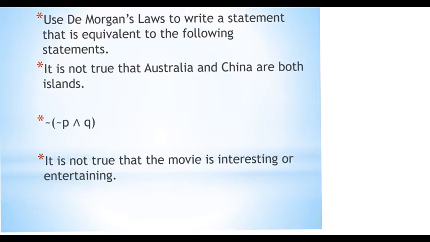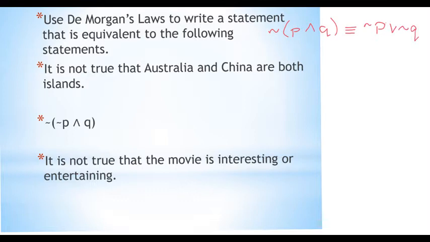So here we're looking at De Morgan's laws to write a statement that is equivalent to the statement we're given. And if you recall from the PowerPoint, De Morgan's laws state that if we are negating the entire statement of P and Q, that statement is equivalent, and that's why they have the 3 lines, because it means equivalent, to the negation of P or the negation of Q. So you separate them out.